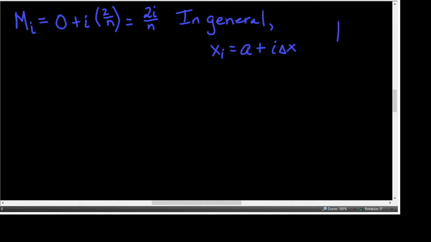If the rectangle looks like this, and the function is kind of looking like that, then if you pick the middle, that y value right there is going to be partly too big and partly too small. And so the hope there is that maybe it'll be closer to correct.